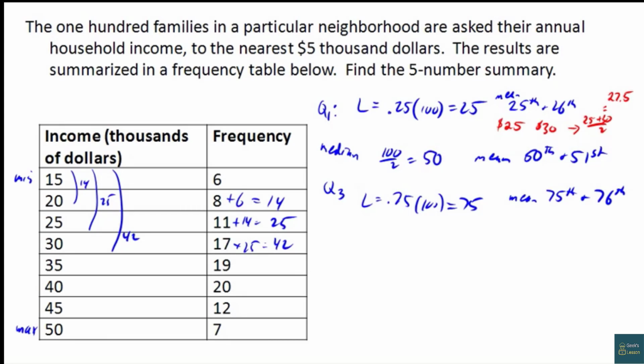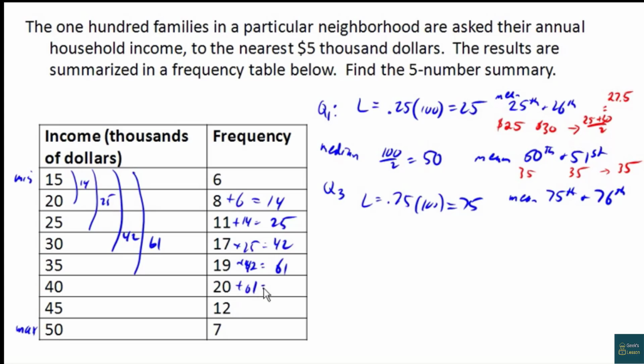So if we continue counting, 42 plus our 19 there gets us up to 61. So we have 61 pieces of data here. That means that data values 50 and 51 both fell in the 35,000 category. So the mean of those is 35,000. And now, 61 and 20 is 81.